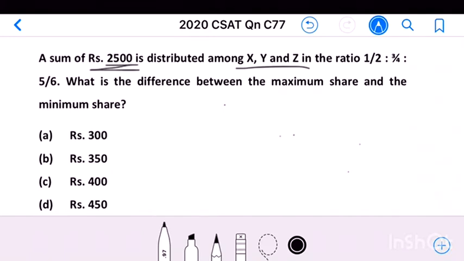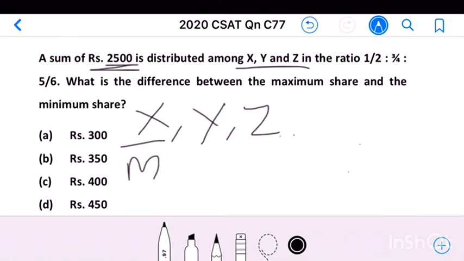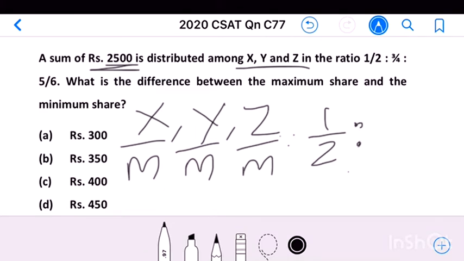Let us take the share of x equal to x, y equal to y and z equal to z. Then by dividing these numbers with an equal value m, we get the ratios 1 by 2 is to 3 by 4 is to 5 by 6.